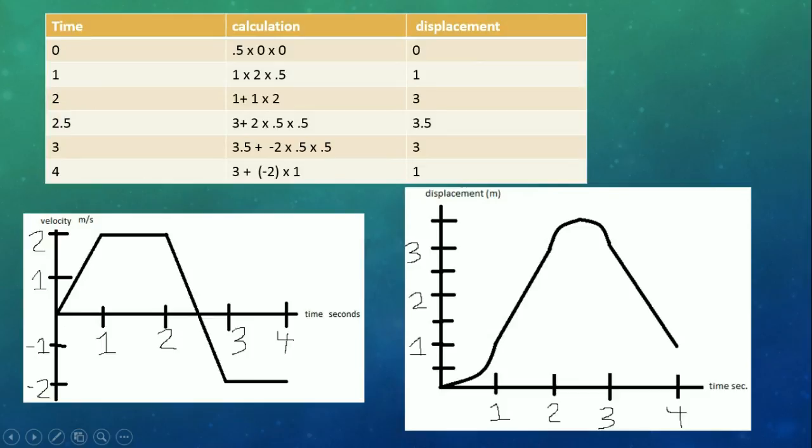And then the net displacement, as we can see on our graph, is final minus initial. Final is 1 meter, initial was 0, so 1 minus 0 is 1. So to answer the question, the problem stated, the object moved 1 meter in the positive direction, and the acceleration between 2 to 3 seconds was -4 meters per second squared.